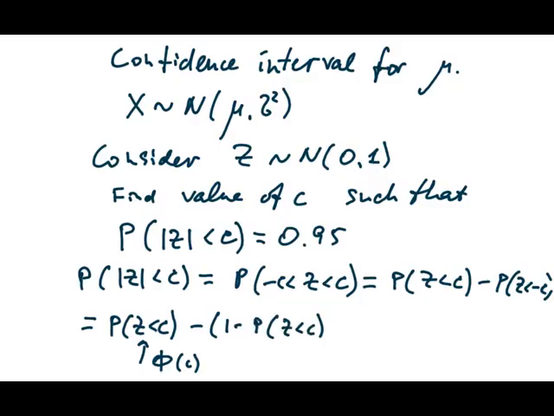We discussed all of this in lecture number 21. Therefore, we'll have 2 times phi capital of c minus 1. And we want this to be equal to 0.95.